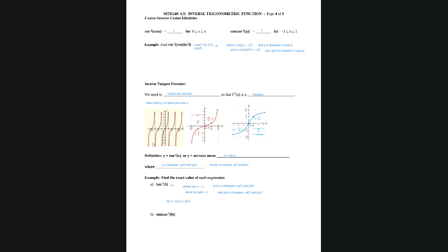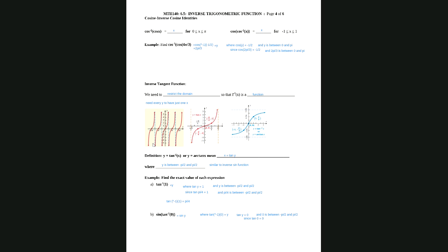So I'm going to say this is equal to the sine of y, where inverse tangent of 0 is equal to y. And so that means the tangent of y is equal to 0. And 0 is between negative pi over 2 and pi over 2. Okay, and the angle that's going to work there is just 0.